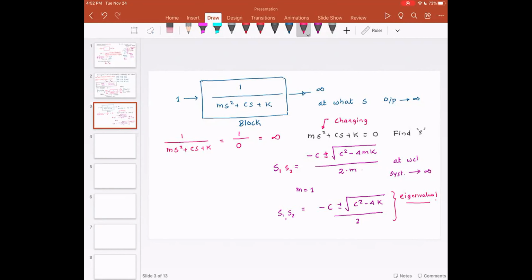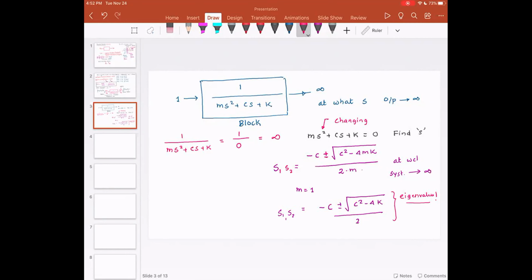If your poles are on the left hand side, then the system is asymptotically stable. If your poles are on the central line here, then the system is simply stable. If poles are on the right hand side, then the system is unstable.